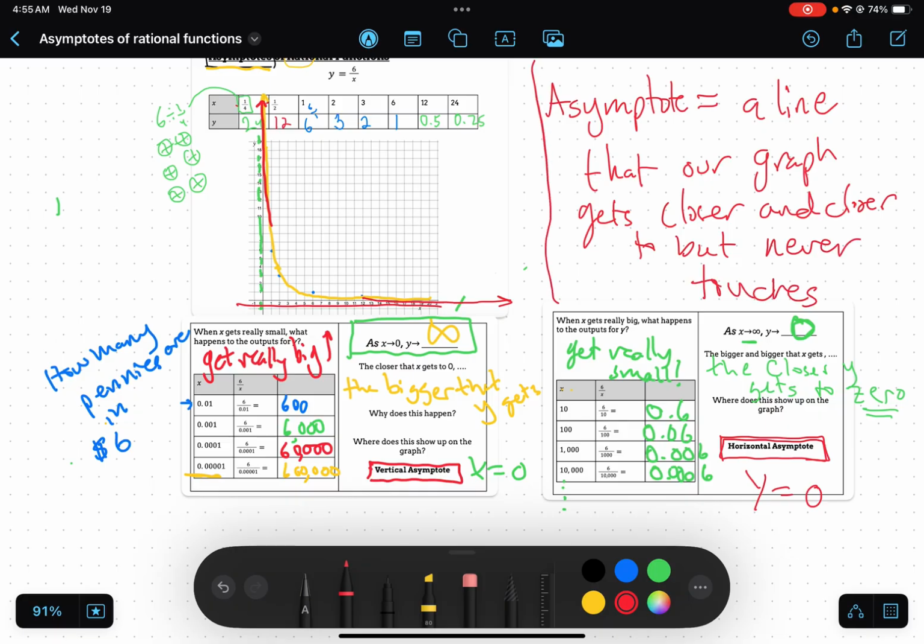We're going to investigate different asymptotes of different equations, but these are lines that our graph gets right up next to, but won't ever cross or touch.